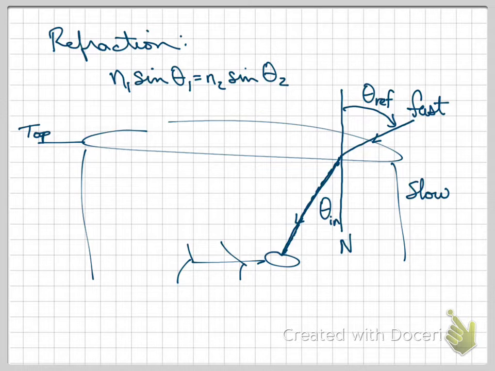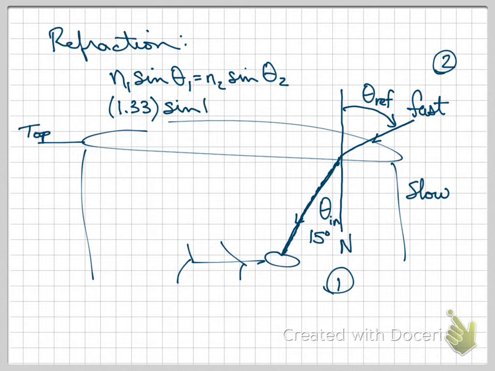If we plug in, this is 1 and this is 2. The n of water is 1.33, and let's pick 15 degrees as our first angle. 1.33 sine of 15 degrees equals n2, which is air, an n of 1, times the sine of theta 2.